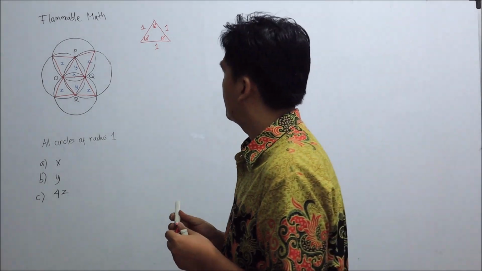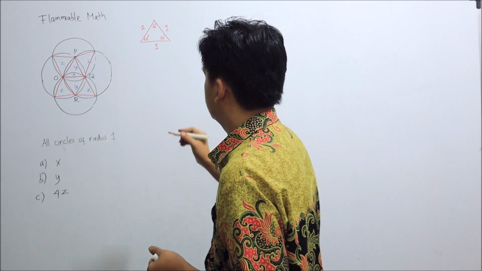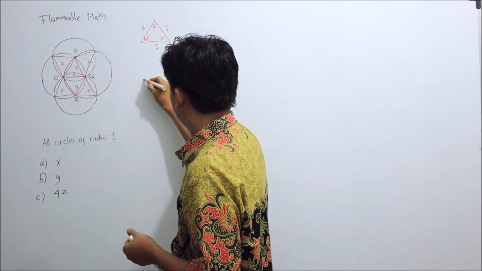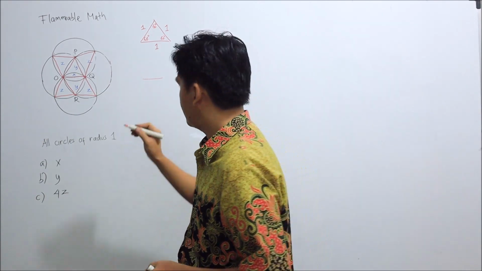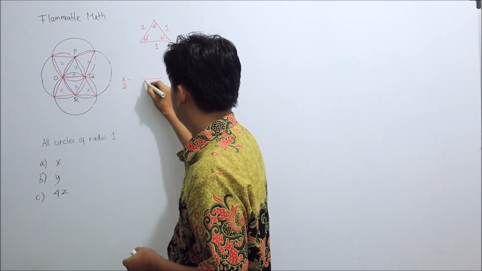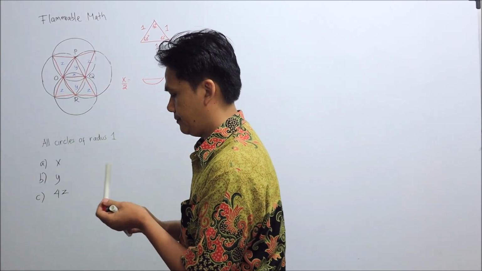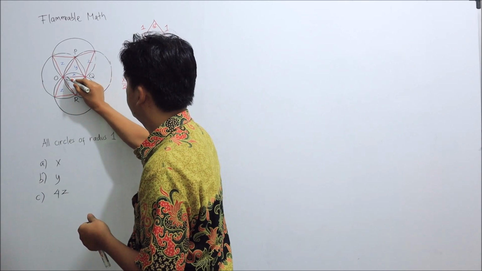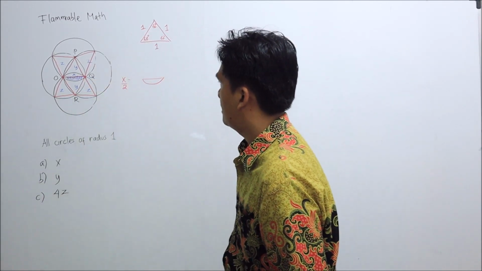Okay, so now let's say we want to find the area of X. X is twice of this. So X over 2 is exactly that region here.